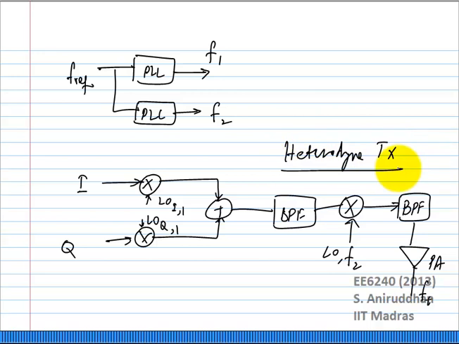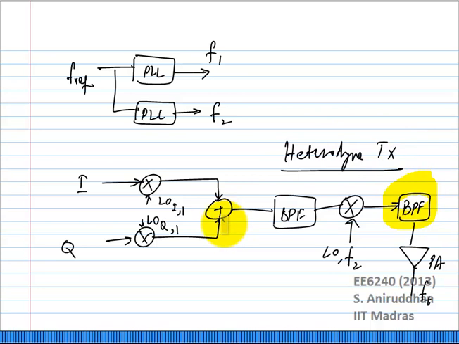Okay, obviously there are certain things you need to worry about. This is a little bit of a brute force approach to this problem, because now you have just added two band pass filters. They need to be high Q, especially this one, because the first one at least was an IQ mixer, so you only get a single sideband.